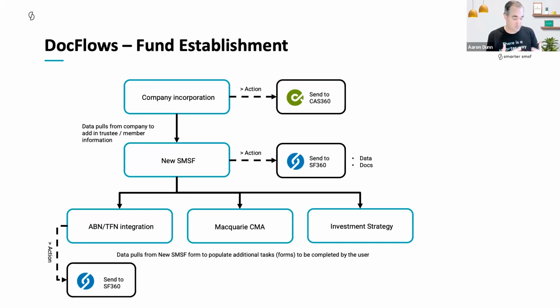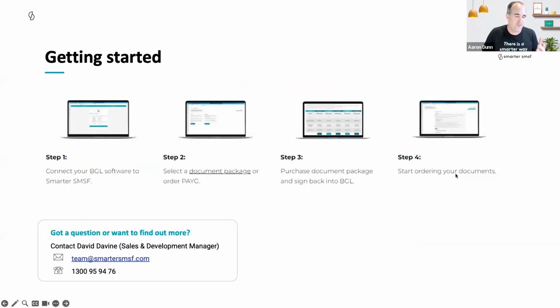And again, once that ABN has been issued, you can then push that data back into Simple Fund 360 as well. So from that point of view, I think that the big issue for this month was that change with the T-bar requirement. And if anyone has any questions off the back of that, obviously happy to answer those.